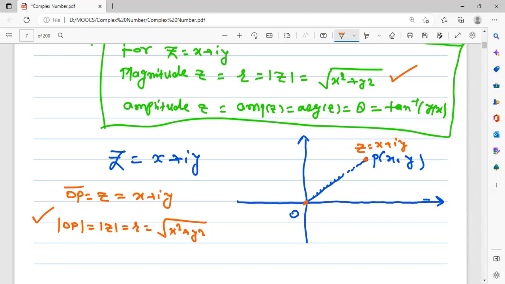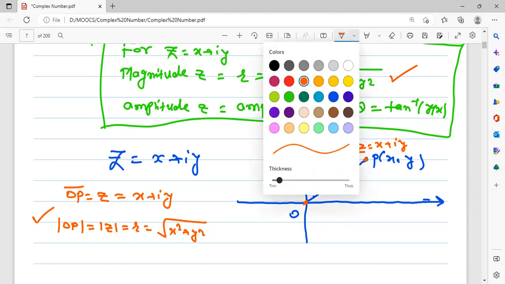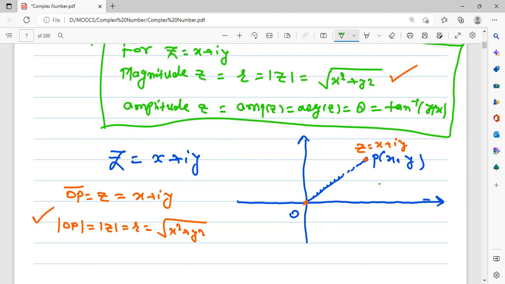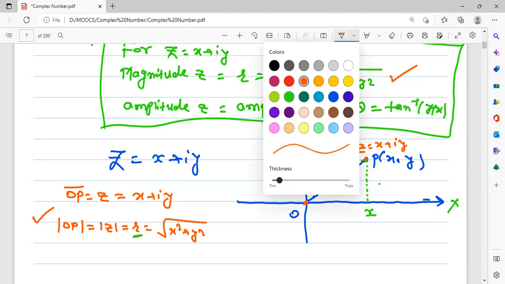Now what is the meaning of theta? Argument or amplitude. How do we represent it? Here, this is my point P. I will take the projection on the x-axis, and surely we get a point x here. I will take the projection on the y-axis, and we will get point y. The modulus is r, therefore I will denote this OP as r.